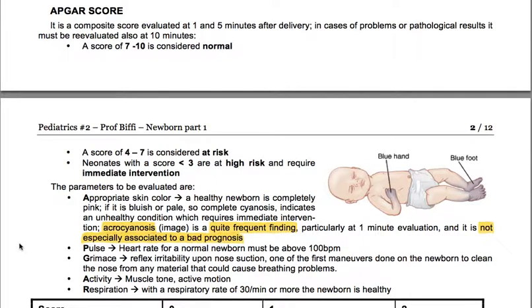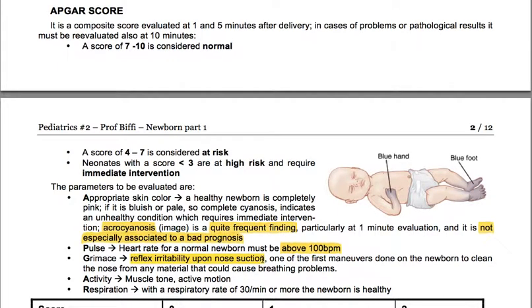The pulse, so the heart rate for a normal newborn, must be above 100 beats per minute. Grimace: we have a reflex irritability upon nose suction, one of the first maneuvers done on the newborn to clean the nose from any material that could cause breathing problems.